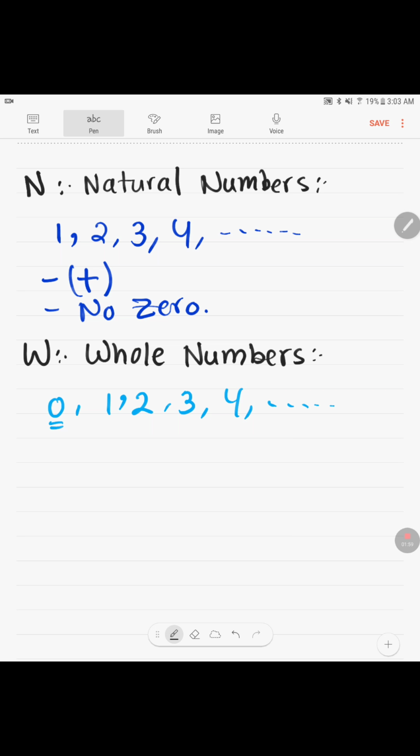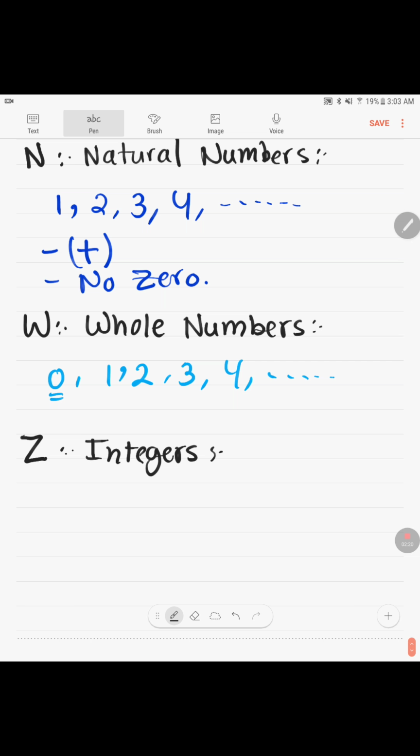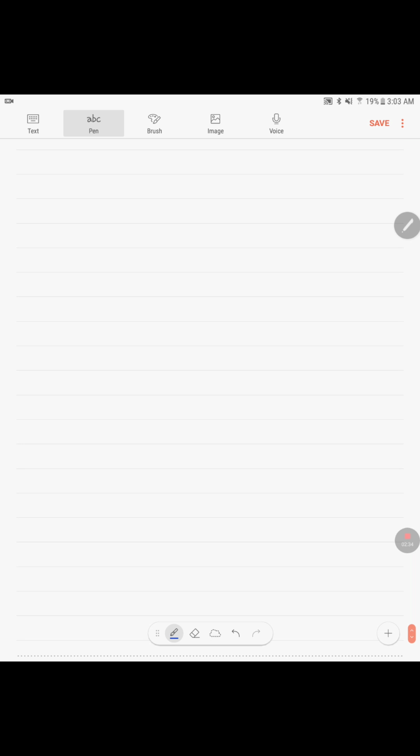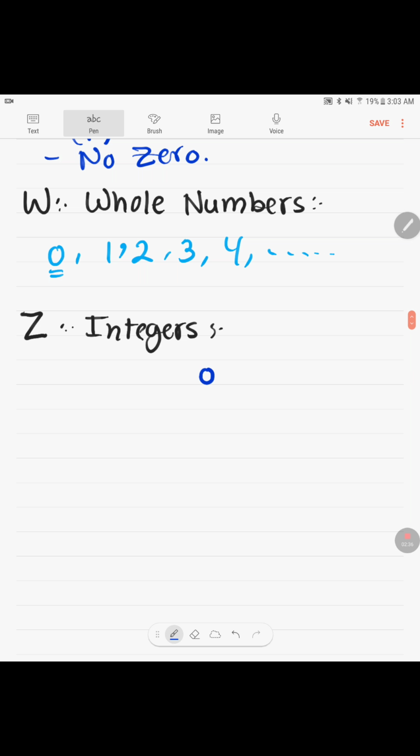Its letter representation is just big Z. Integers is the set of numbers that are composed of all whole numbers plus their images.